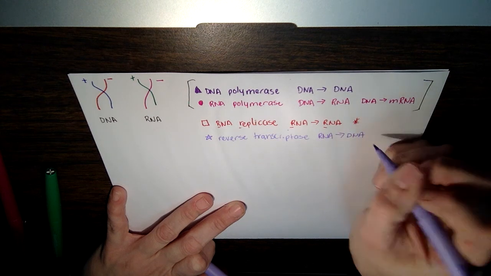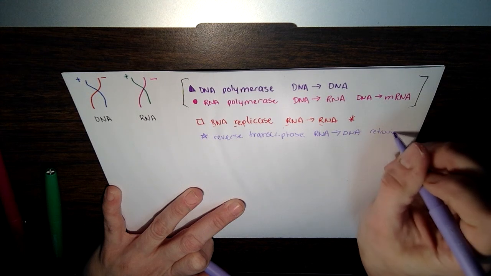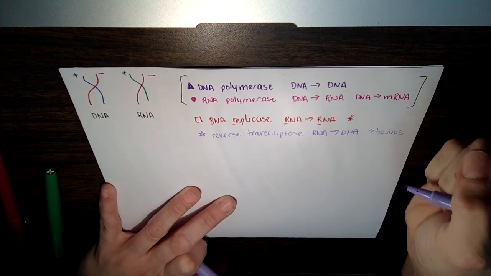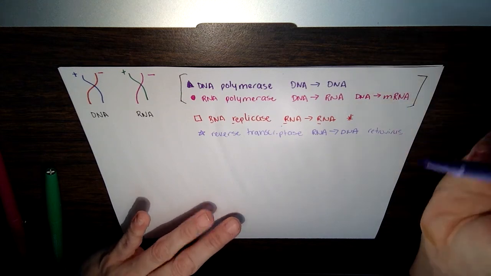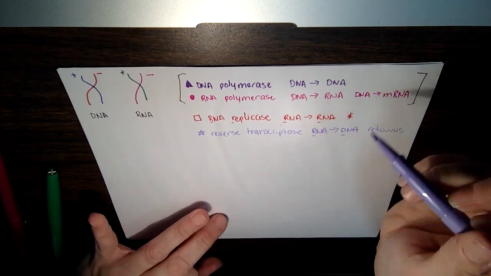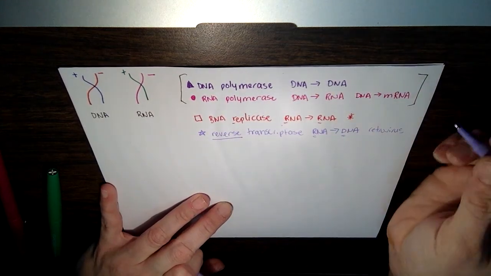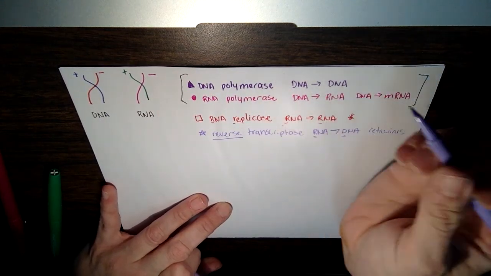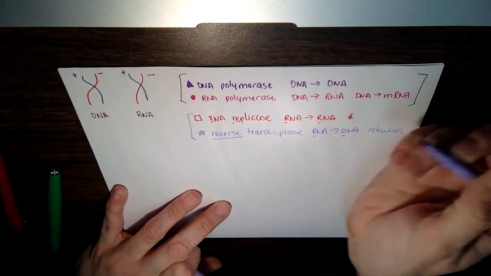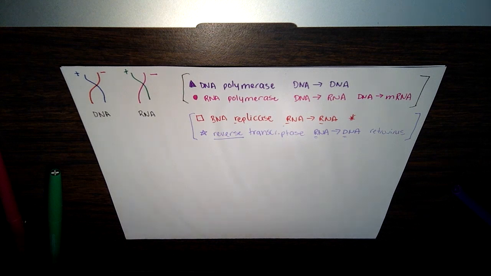This is our retroviruses, okay? Retroviruses need this. And it's not found in eukaryotes because in eukaryotes we never go from RNA to DNA. It's always the opposite. That's why we call it reverse transcriptase. It's going from RNA to DNA. So if you were an RNA virus, you need to bring these enzymes with you because your host is not going to have them.